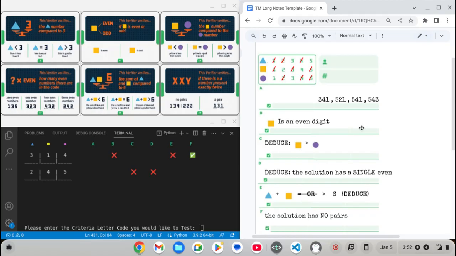Just double checking. Yeah. And, you know, obviously I formed them based on what we've learned so far, but those are all indistinguishable. So I'm going to say these are all ambiguous. So I'm going to cross them all out. And I'm going to type here that I'm going to deduce that triangle should be equal to 3.